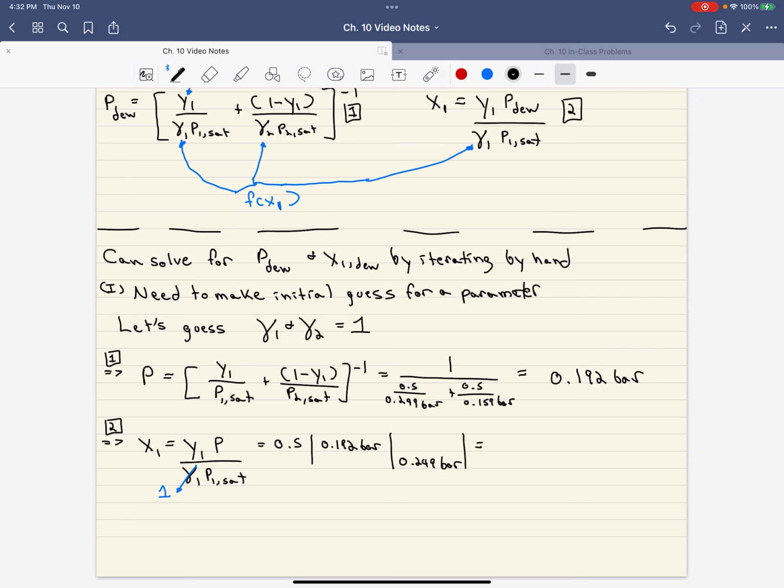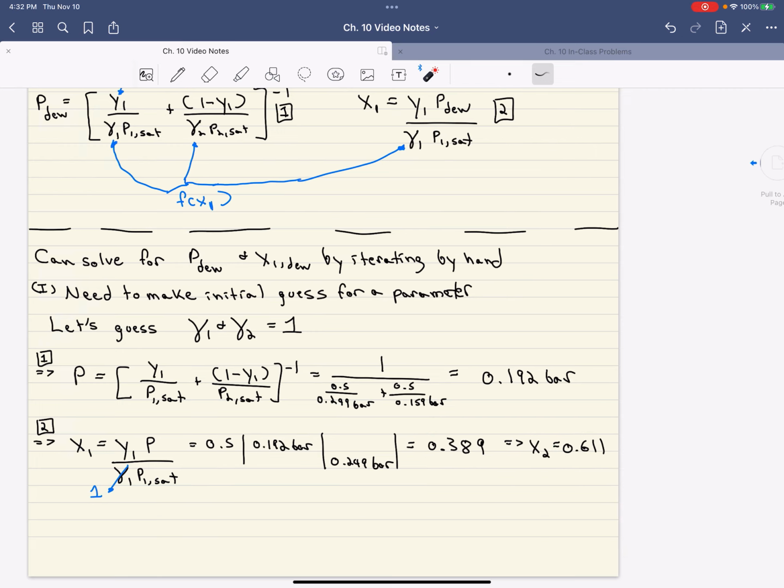Okay? And now, by plugging in for pressure, we now have an estimate for x1. And then, since we're dealing with a binary system, we could also get x2. Alright, so now, by just making an initial guess at gamma 1 and gamma 2 equal to 1, we now have x1 and x2 values.